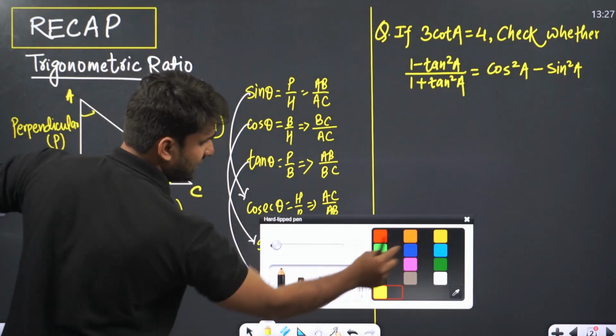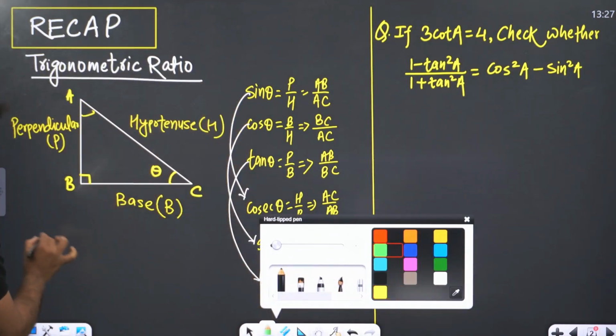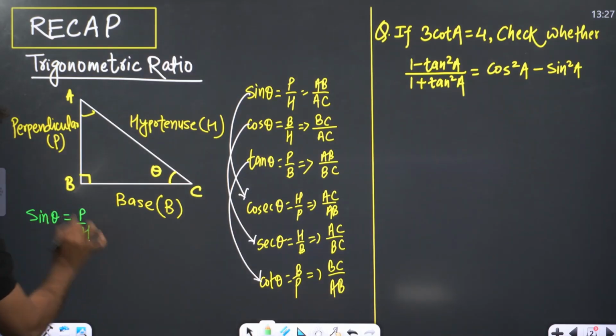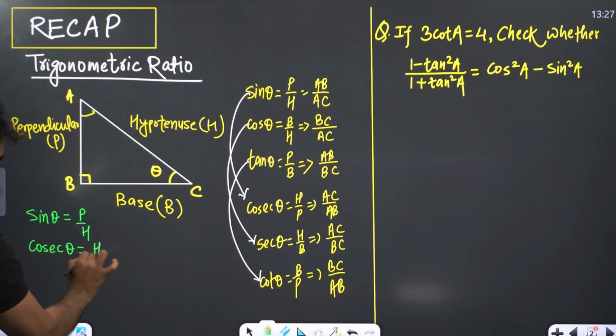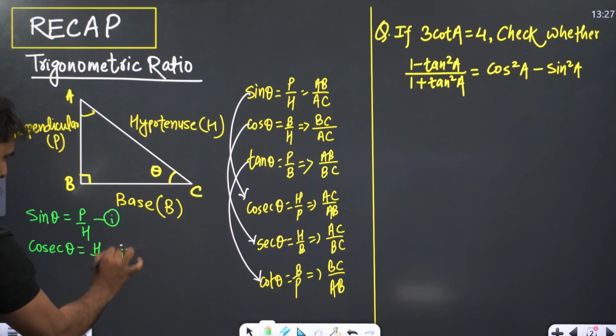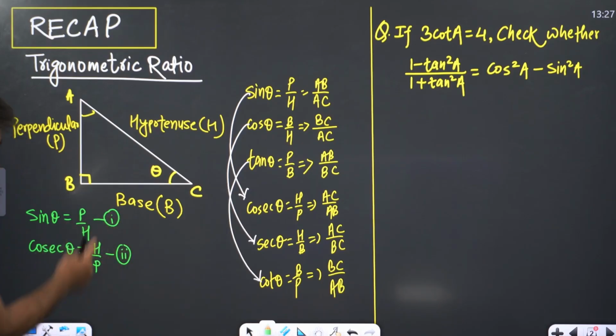listen everyone, please focus. Listen, sine theta is equal to perpendicular by hypotenuse, correct? And cosec theta is equal to hypotenuse by perpendicular. Let's multiply both. If we multiply both, right side will be multiplied with right side and left side will be multiplied with left side.